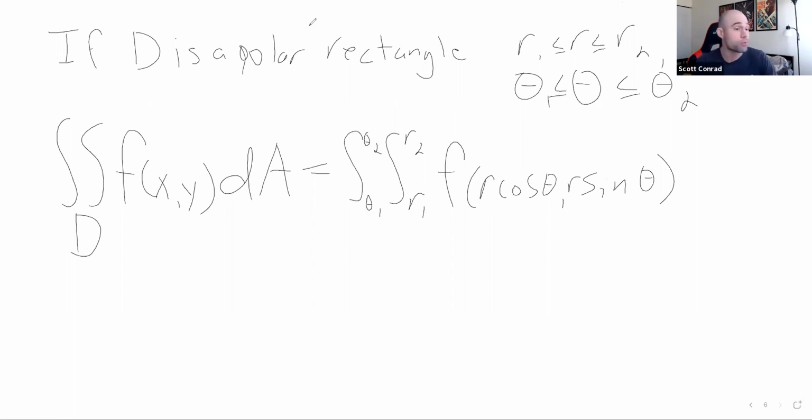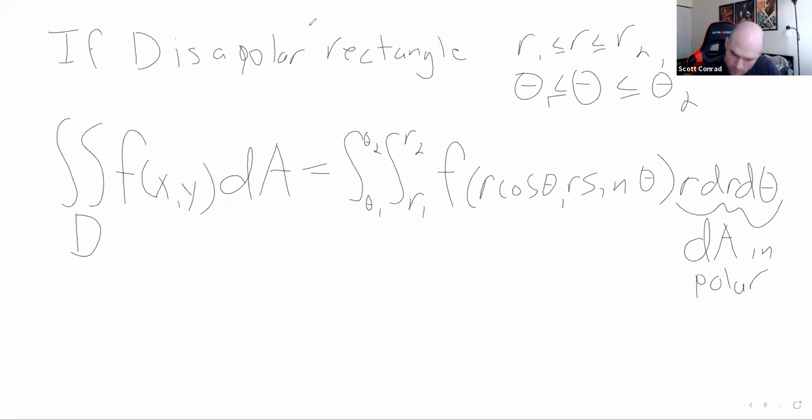And then dA, this is important. In rectangular, dA is just dx dy, or dy dx, depending on what order you do it in. But in polar, dA becomes r times dr d theta. You can't forget that r.